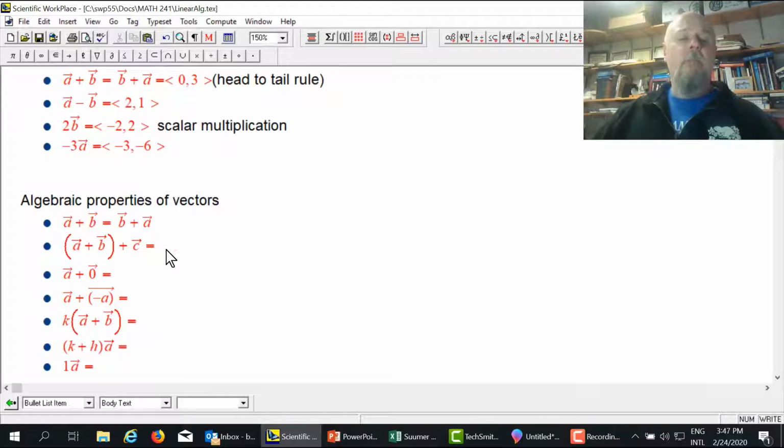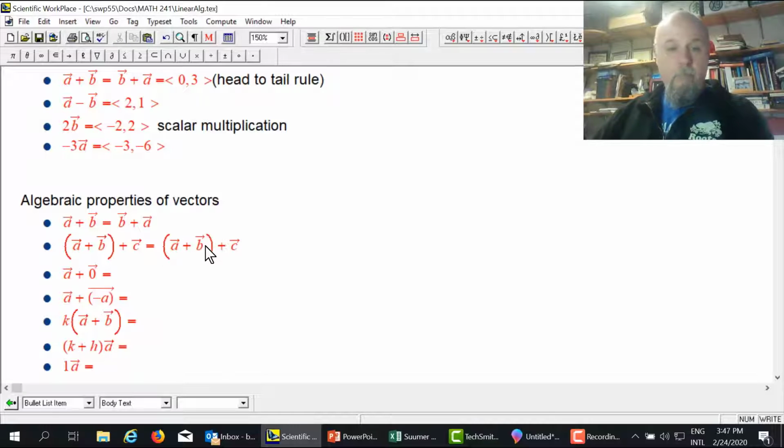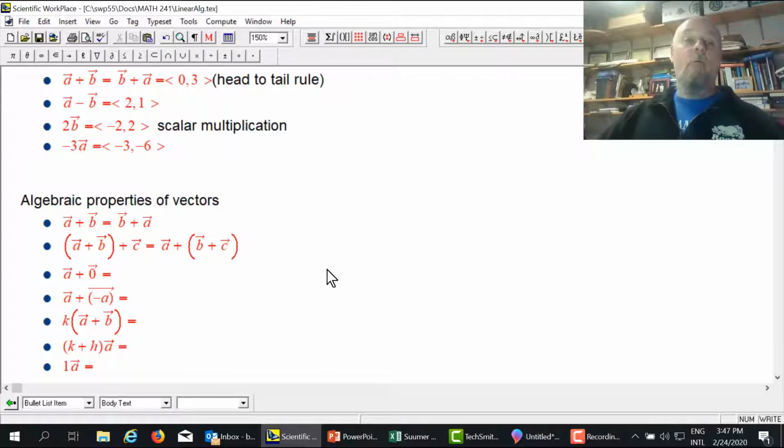A plus b plus c is equal to, okay, that looks like I wrote the same thing. But what I'm trying to say is that vector addition is a binary operation.